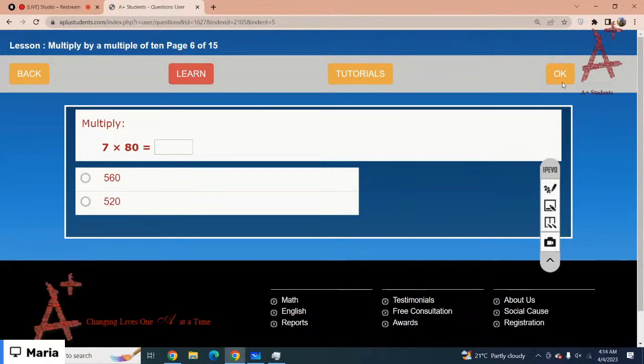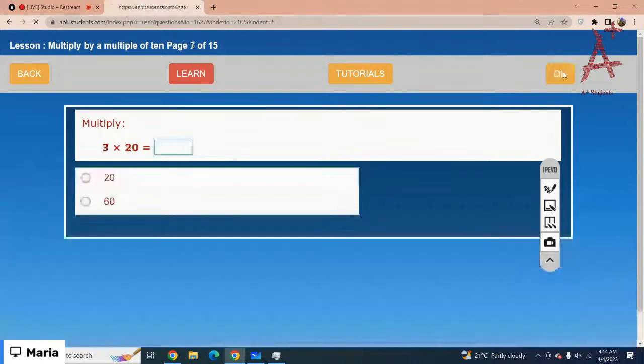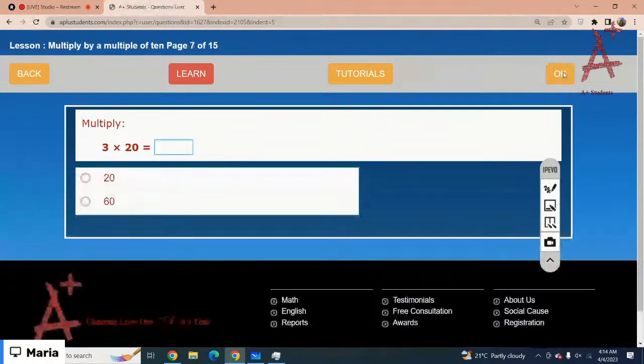Got it? You don't need to explain if you get it. 7 times 8 is 56. It would be 560. Okay, the next one is 3 times 20. So 20 times 3 is, yes, very good. That would be 60.